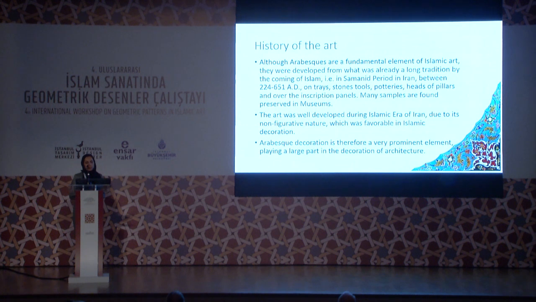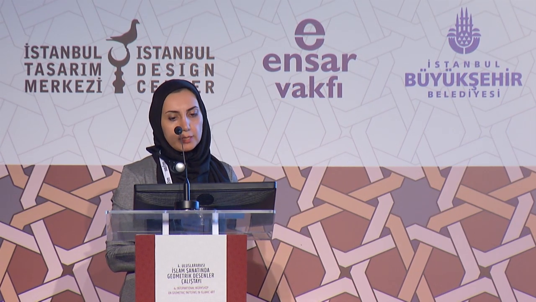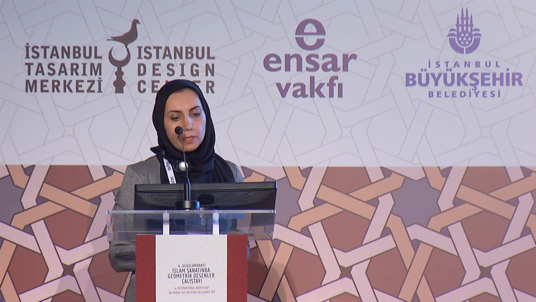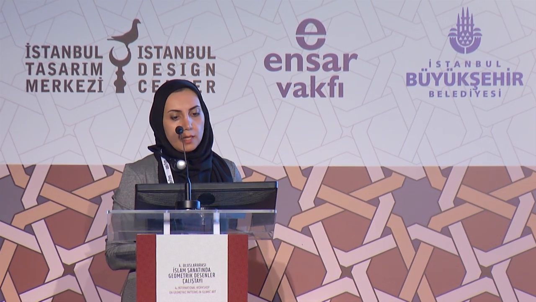Although Arabesque was a fundamental element in Islamic art, as I explained, the first instances of seeing this spiral movement in the decorations and ornaments, I talk more about the architectural ornaments because of our own expertise, but you can see many beautiful instances in paintings and so on, we see in the Samanid period in Iran, which is between 224 and 655 after Christ.